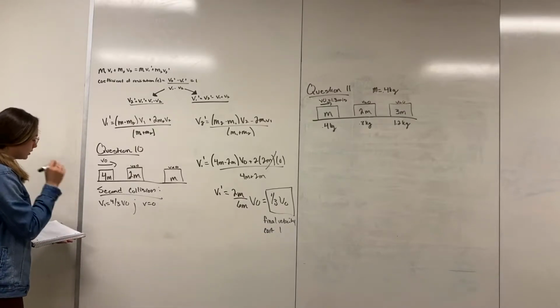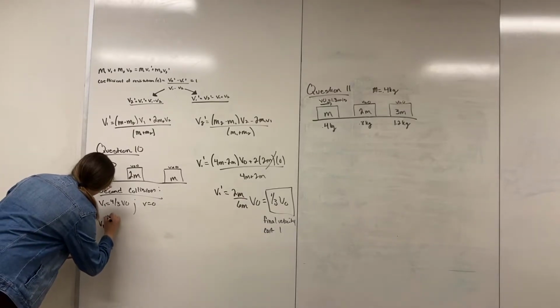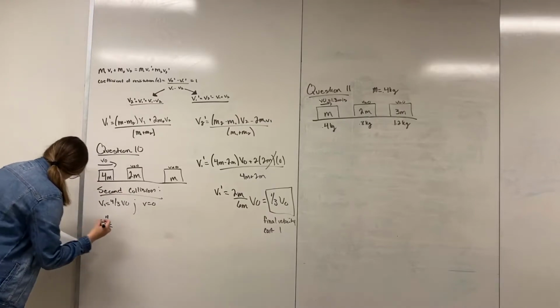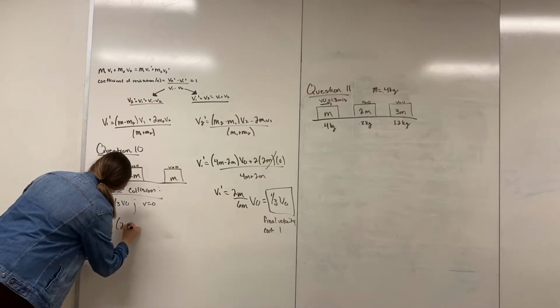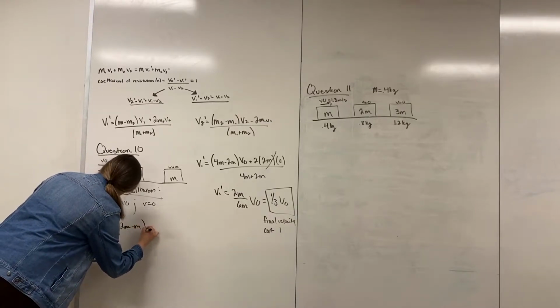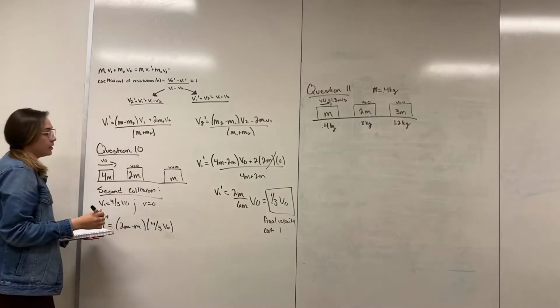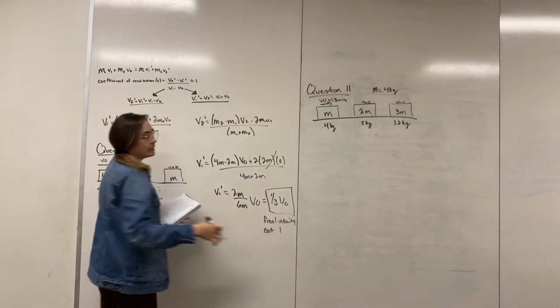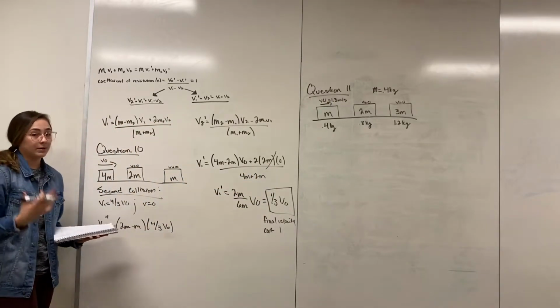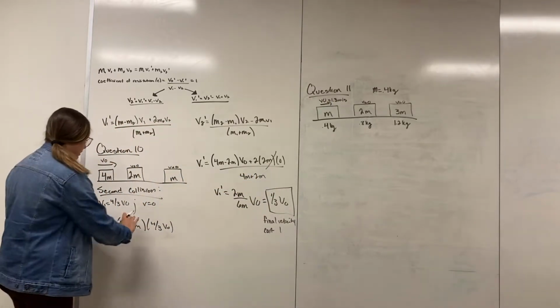So V1 double prime equals 2m minus m. And I'm not gonna write this problem because I already explained how it's gonna be canceled out either way. So I'm just gonna keep it like this.